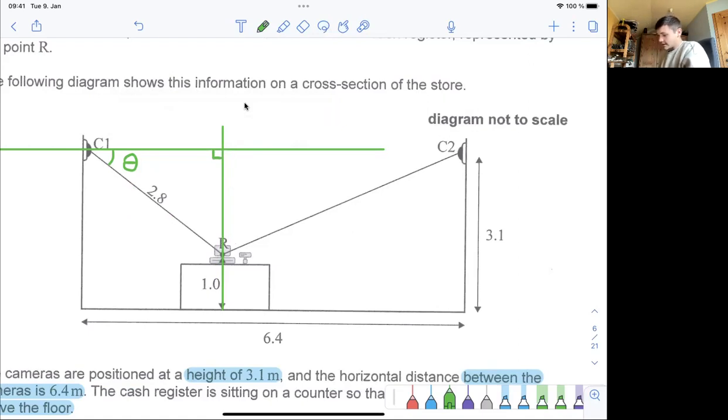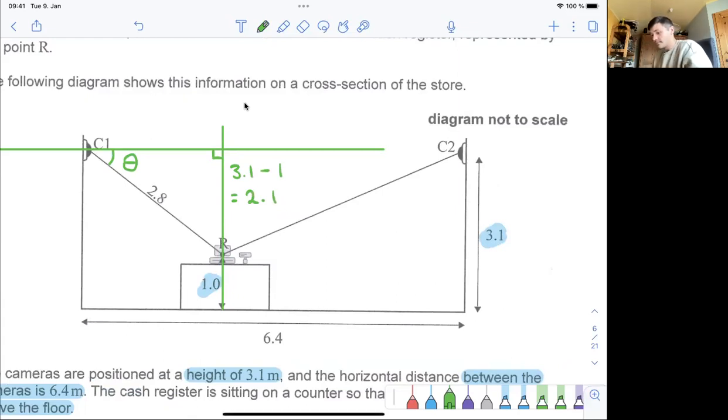Given that we have the height of the cameras being 3.1 and the height of the cash register being 1.0, the length of this line here plus 1 has to equal 3.1. They have to be the same. So this side is going to be 3.1 minus 1, which equals 2.1.